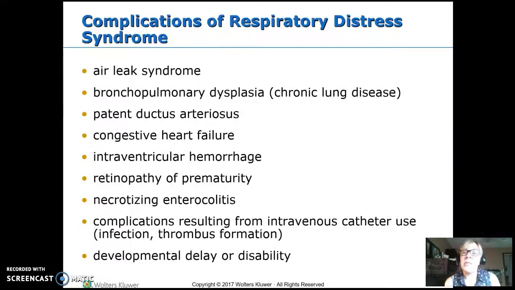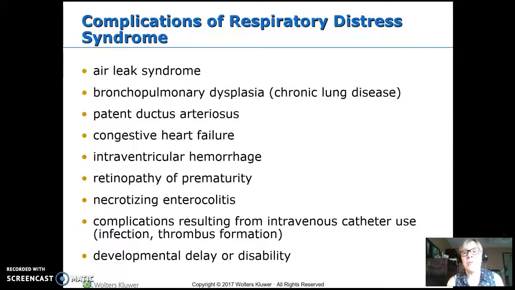Patent ductus arteriosus, right? If you remember the fetal circulation, this is that opening between the pulmonary artery and the aorta. In utero, blood is shunting to skip the lungs, so it's moving from the pulmonary arteries, and instead of going to the lungs, going over to the aorta and out to the body. Well, after birth, as the pressures change in your lungs, the pressure changes are one of the things that start that ductus arteriosus closing.